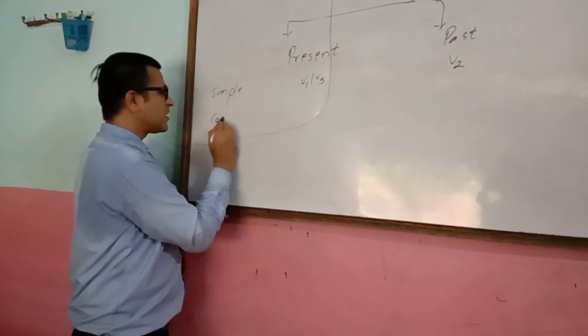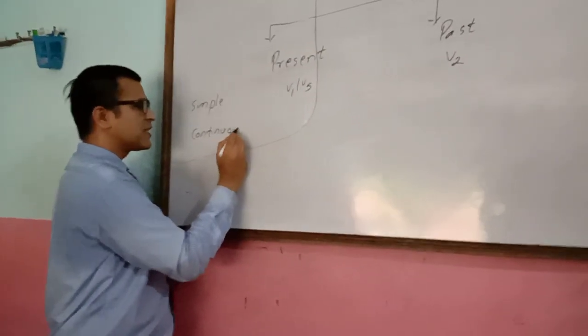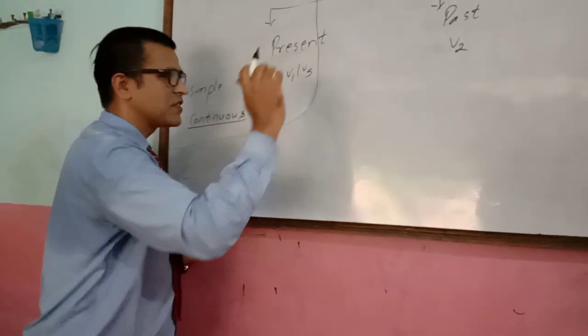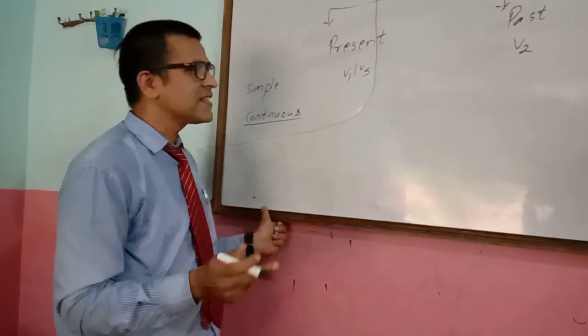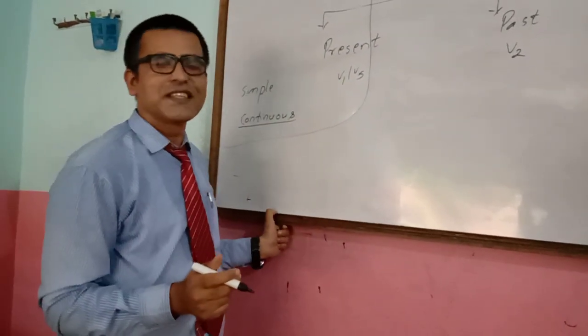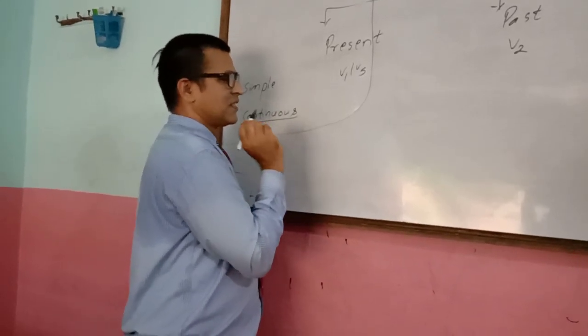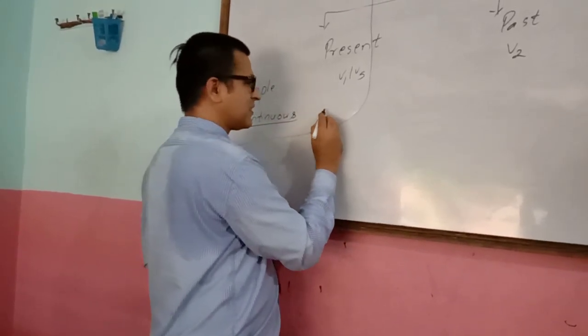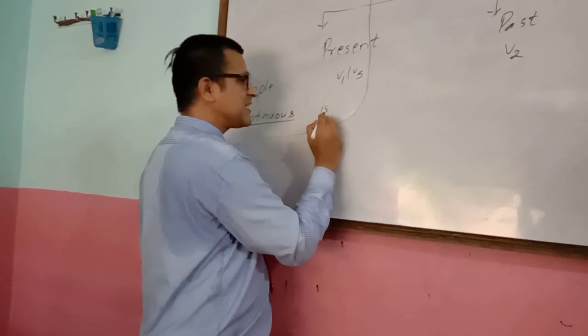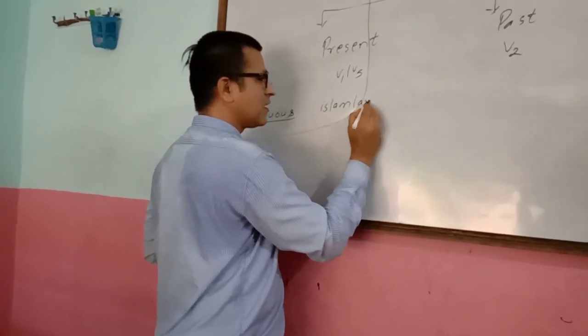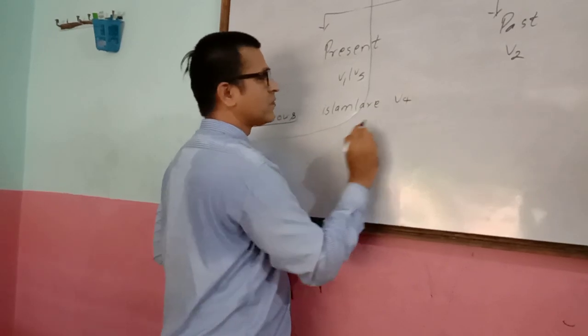Now time for continuous. We understand the continuous, there must be ing, the present participle form of the verb, that is V4. So there needs to be the present participle of the action verb, right? For that we need an auxiliary verb: is, am, are V4, right?